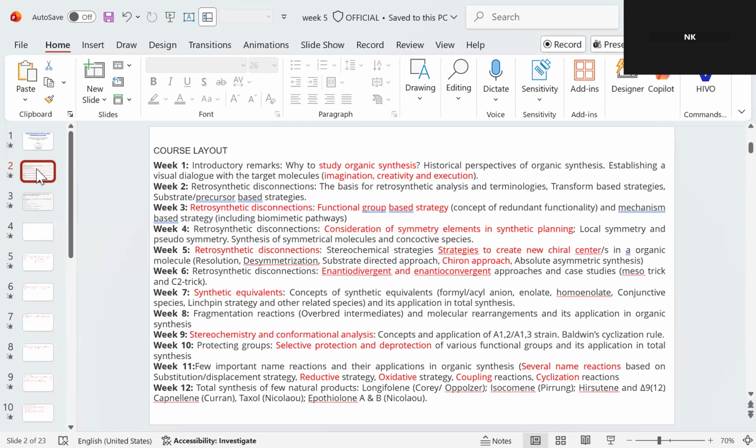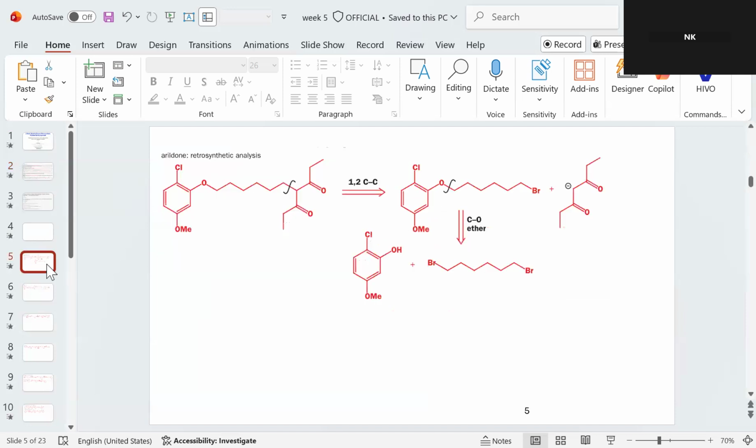Okay, so yes. In retrosynthesis, we also need, parallelly, some different name reactions and some reagents, and how these reagents work. That background we also need in parallel. That's why, while solving problems, I generally take one or two name reactions in every class, just to give you some understanding of how these reactions work.